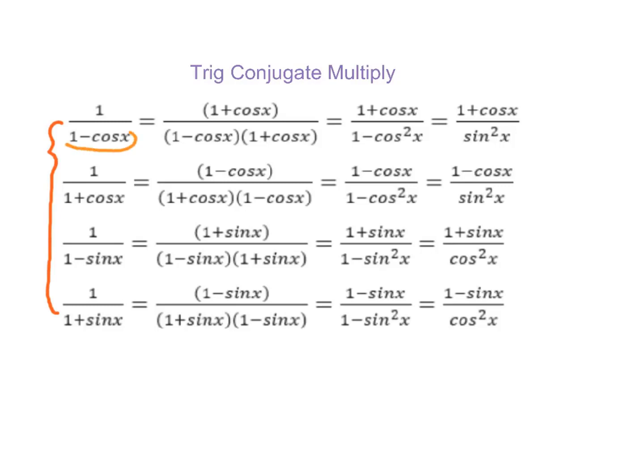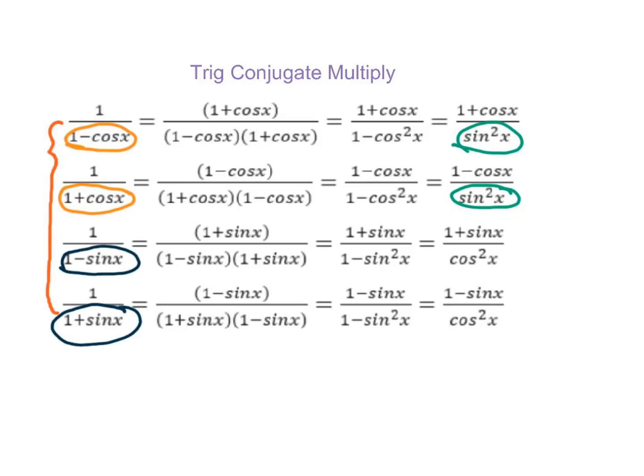When you have 1 minus cosine x or 1 plus cosine x, you are expected to get sine square x as a denominator. When you have 1 minus sine x or 1 plus sine x, then you are supposed to get cosine square x as a denominator. Top part will be conjugate to this.